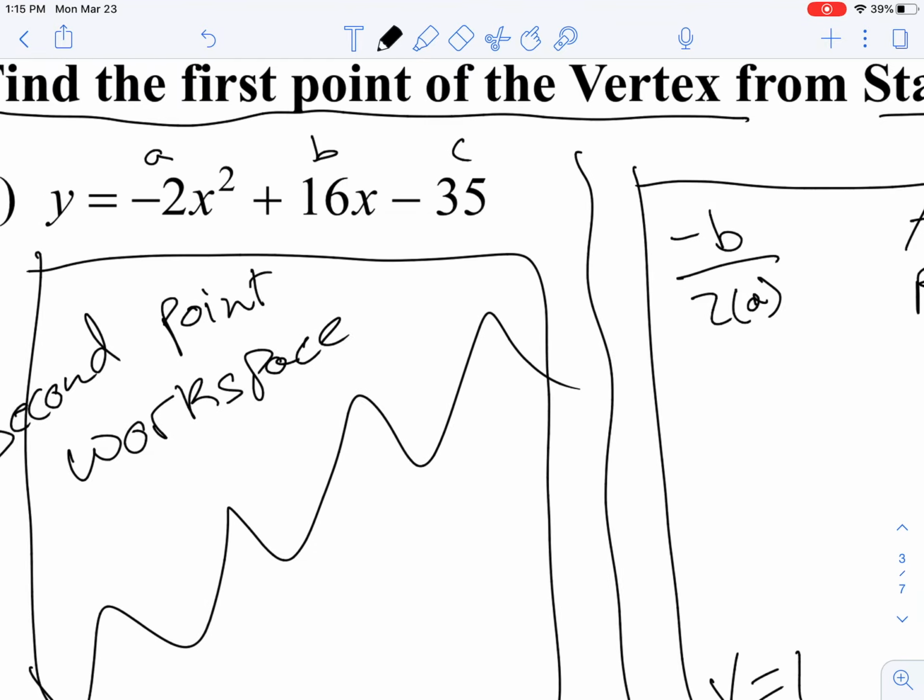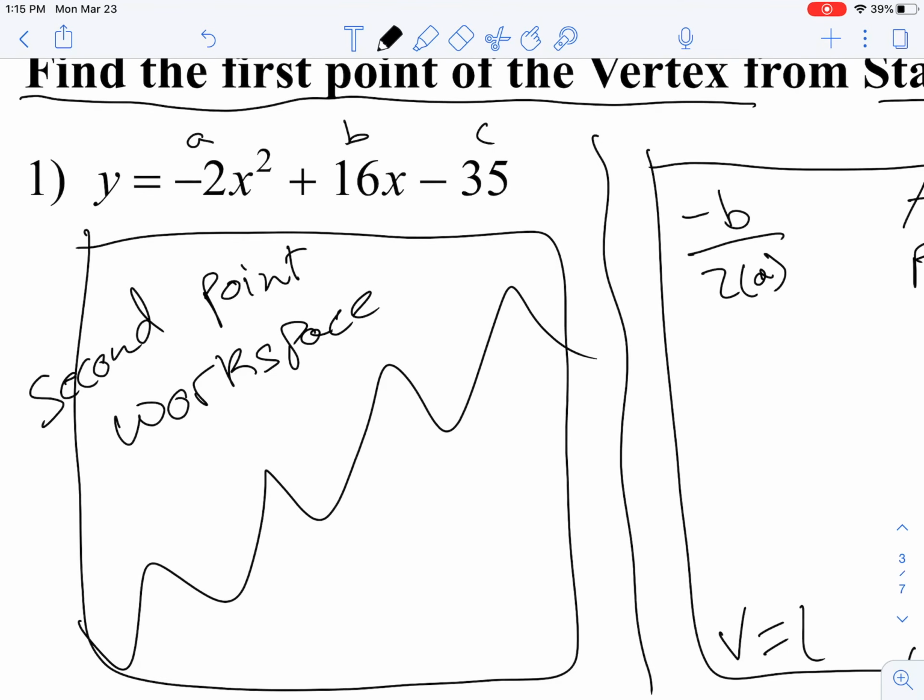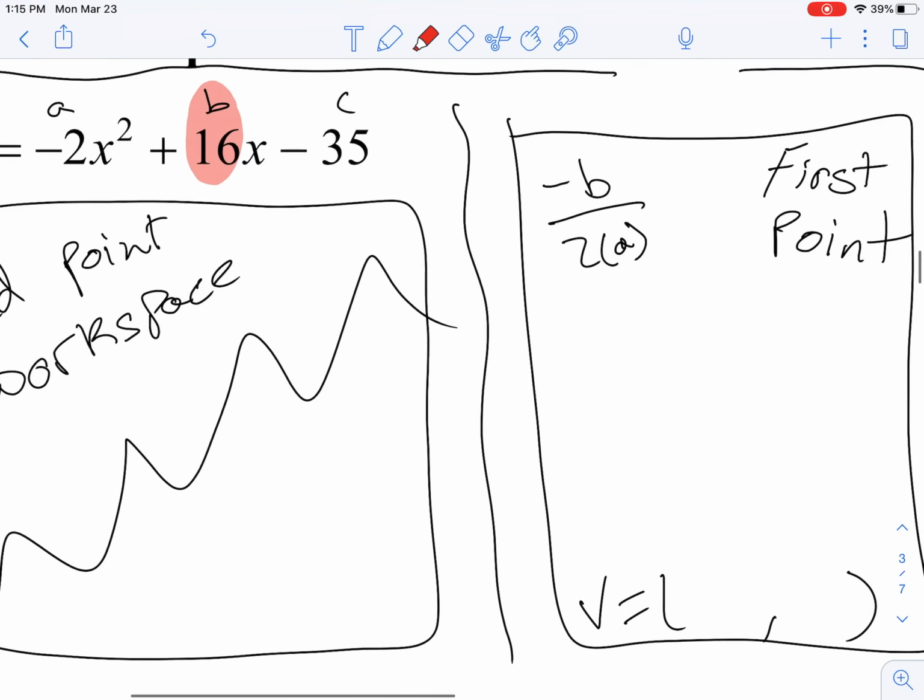All right, we already know how to find A, B, and C because we went through and labeled. B is 16, but my formula calls for the opposite of 16. So the opposite of 16 is negative 16 over 2 times, and then my A value is negative 2.